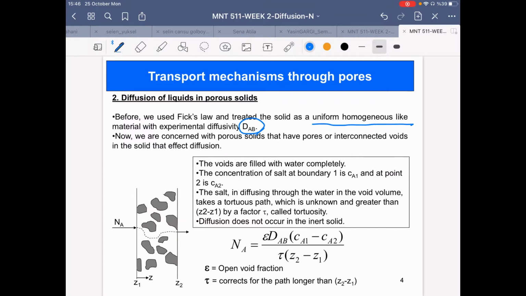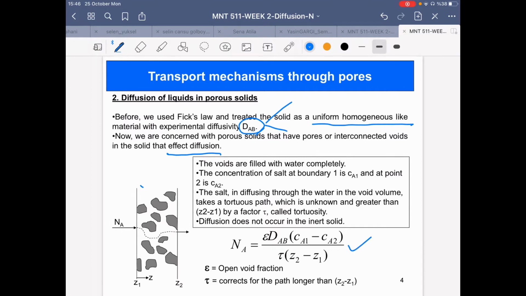These can be theoretically found, or they can be measured. But now we are concerned with porous solids that have pores or interconnected voids in that solid that affect diffusion. So we have a porous structure here that affects the whole diffusion phenomena, and so we have to put some corrections.